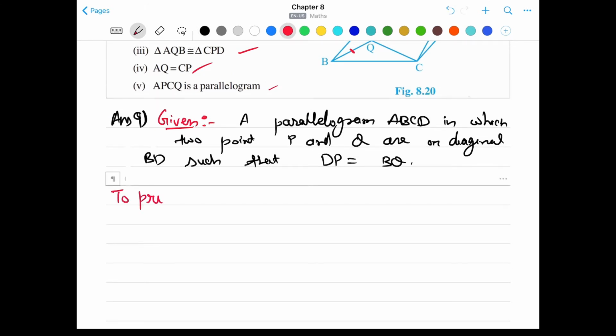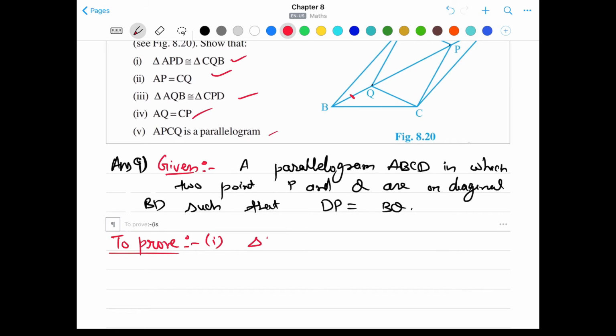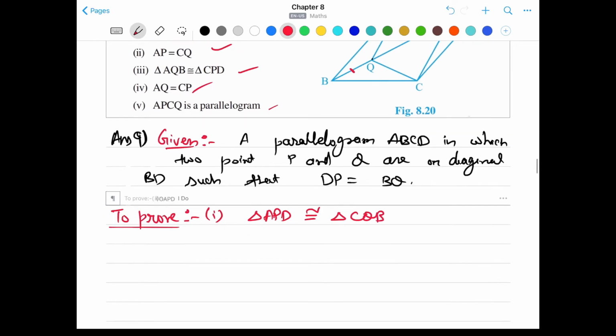We have to prove a total of 5 things. First, triangle APD is congruent to triangle CQB. Second, AP is equal to CQ. Third, triangle AQB is congruent to triangle CPD.